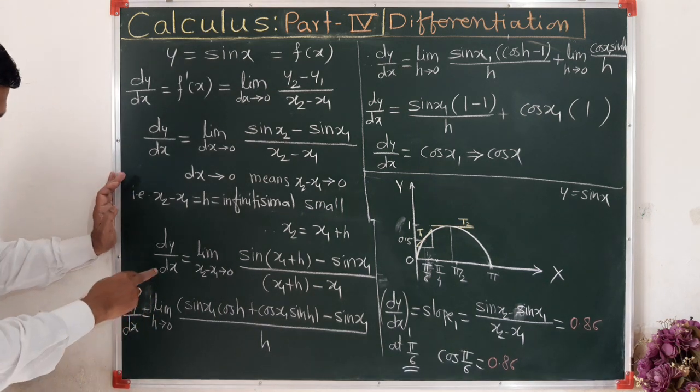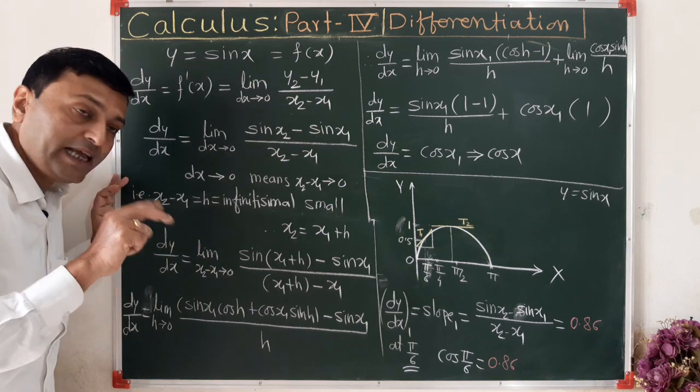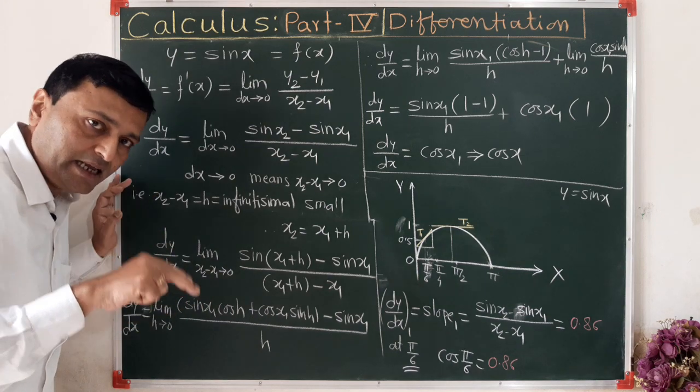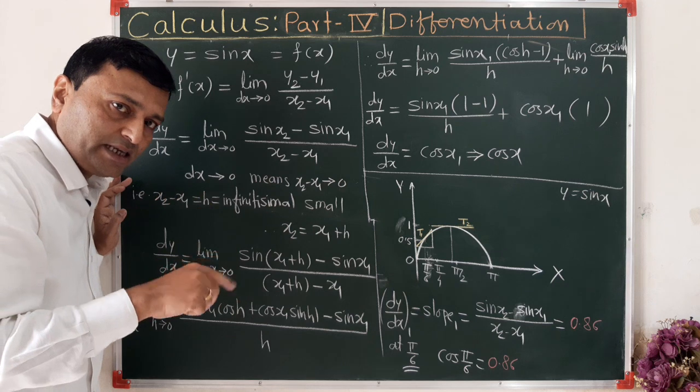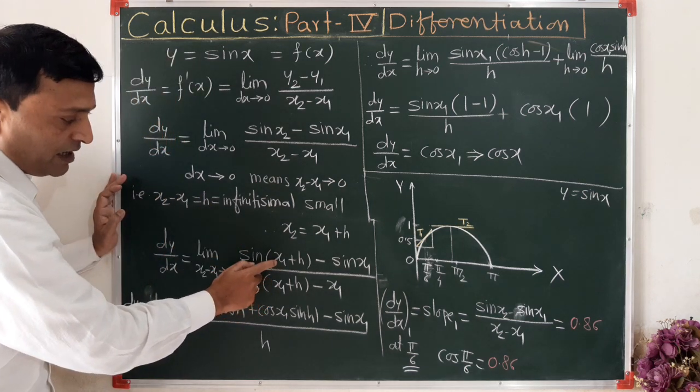Now you know in 10th standard that sin(a plus b) is sin a cos b plus cos a sin b, that is our formula. Now you can solve by that formula.